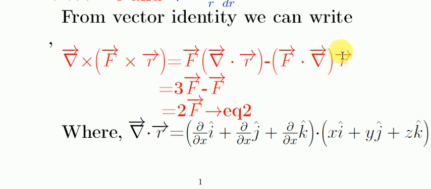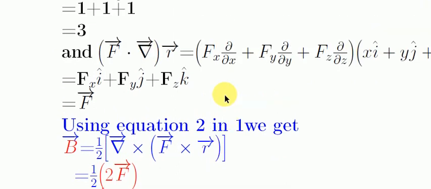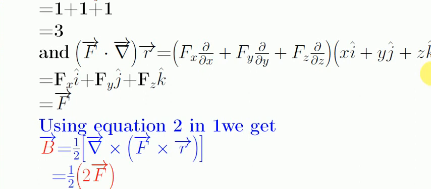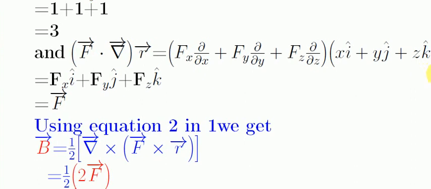Now let us see how this term will be equal to F. F dot del times r: Fx is the x component of F vector, Fy is the y component, and Fz is the z component.